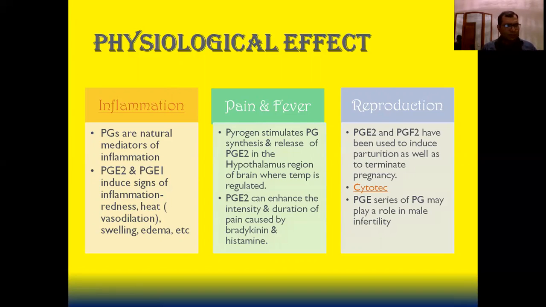Prostaglandin F2 alpha causes vasoconstriction, platelet aggregation, and contraction of the uterus, and these cause induction of labor.